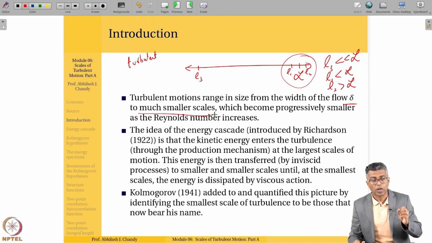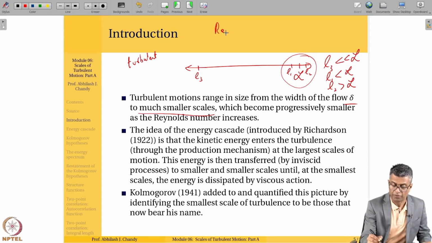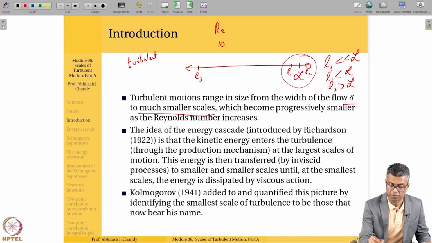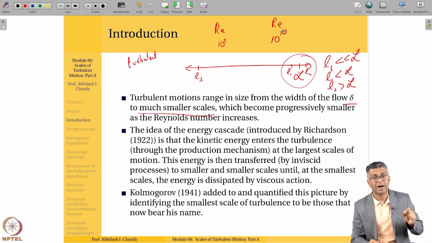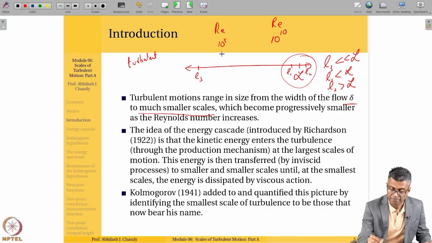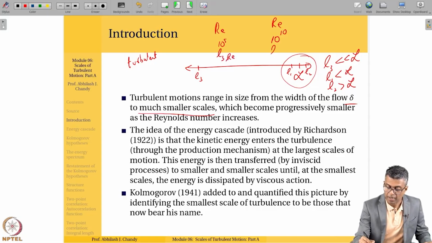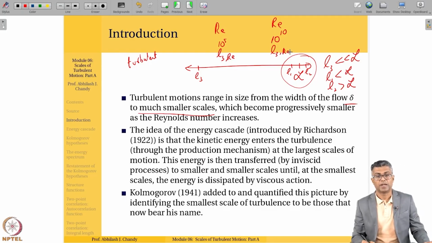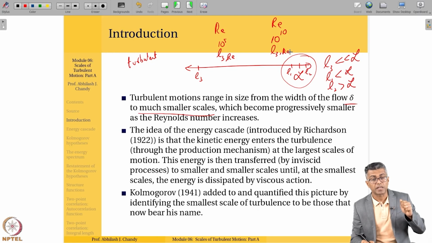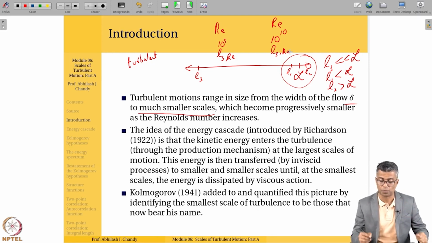So what that means is, if I have two different Reynolds numbers, say 10 to the 5 versus 10 to the 10, my L3 for this Reynolds number compared to this L3 for this Reynolds number. As the Reynolds number is increasing, the smallest length scale is getting progressively smaller.